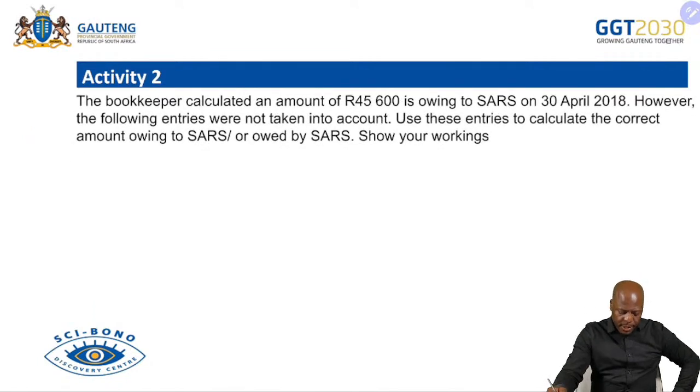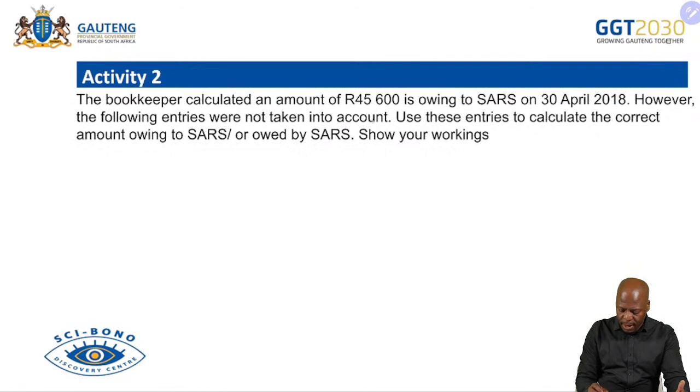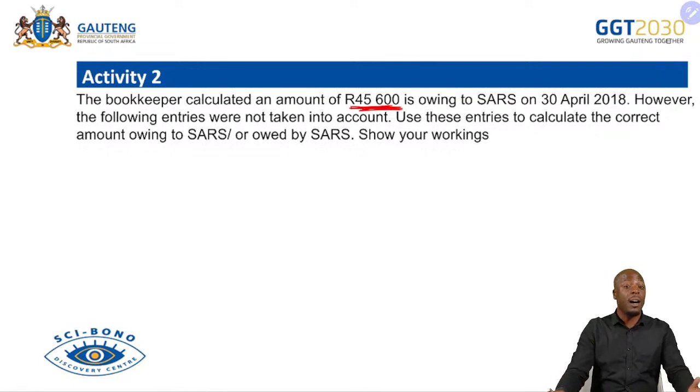All right. It says, the bookkeeper calculated an amount of 45,600, which is owing to SARS on 30 April 2018. However, the following entries were not taken into account. So we calculated an amount of 45,600 and we established that we are owing this to SARS.